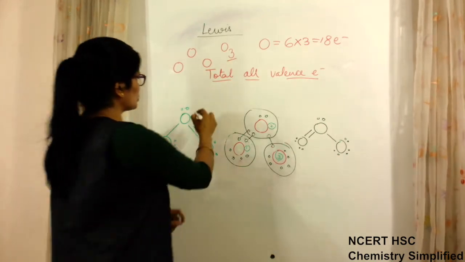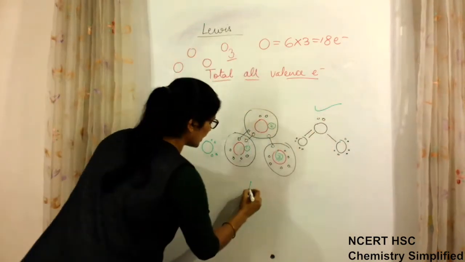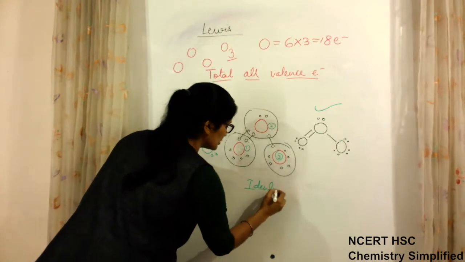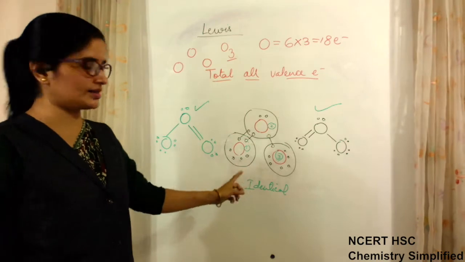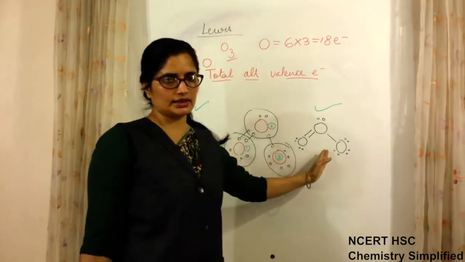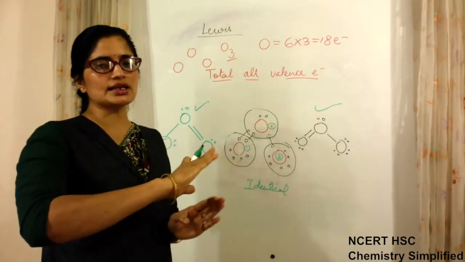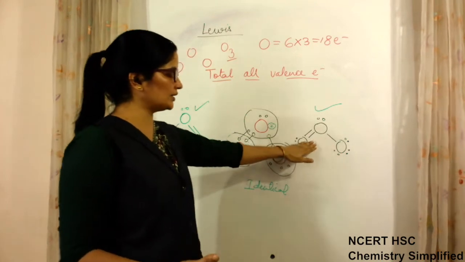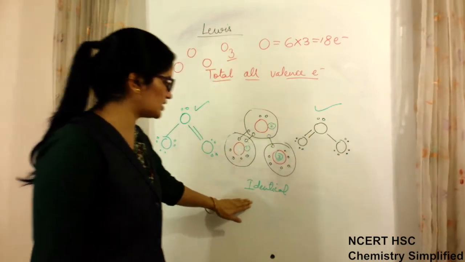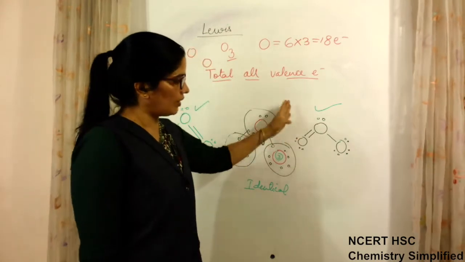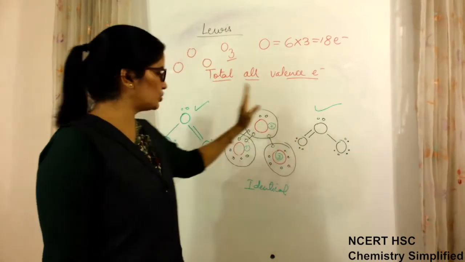Now this structure and this structure are identical. There is no difference, so we are not talking about these structures separately. Such structures are identical; the molecule has just flipped. Otherwise, all the things are the same. You can make this one or this one.